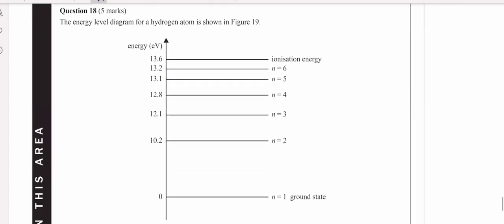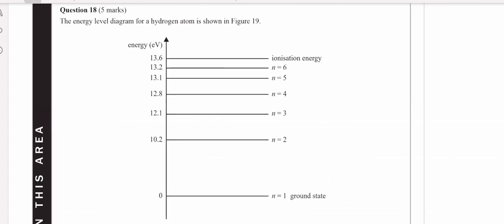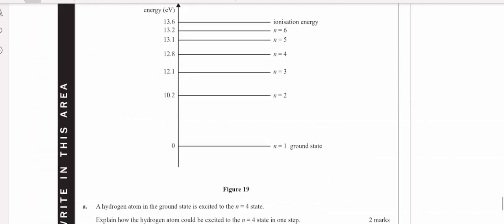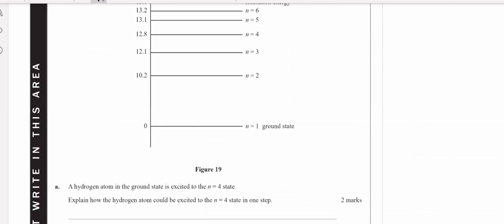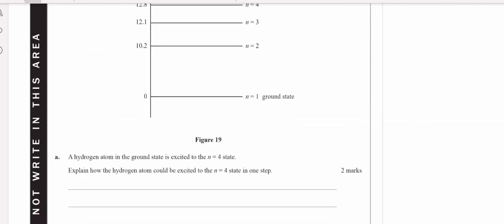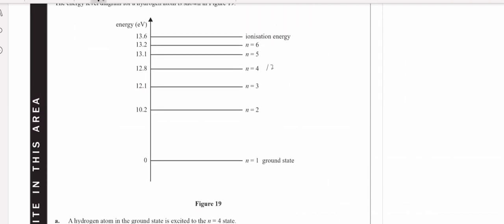Energy level diagram for hydrogen atom is shown in the figure below. First state, hydrogen atom could be excited to the n equals 4 state in one step. So the n equals 4 state has 12.8 electron volts.